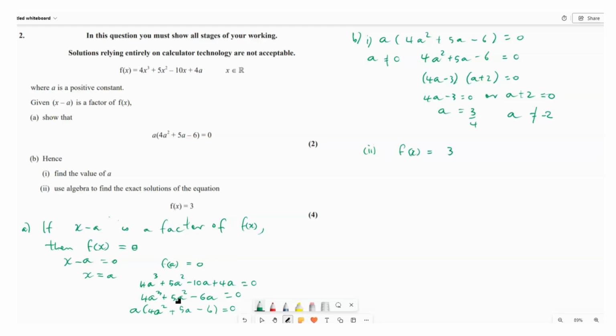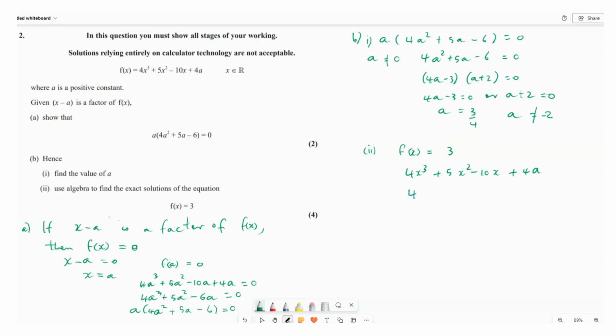We know that f of x is 4x cubed plus 5x squared minus 10x plus 4a. But we know that the value of a is 3 over 4.